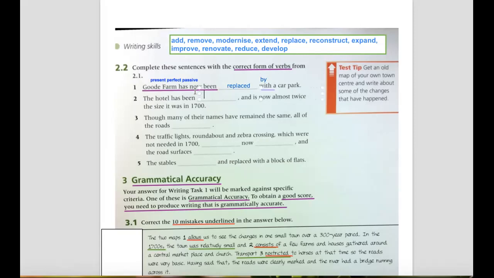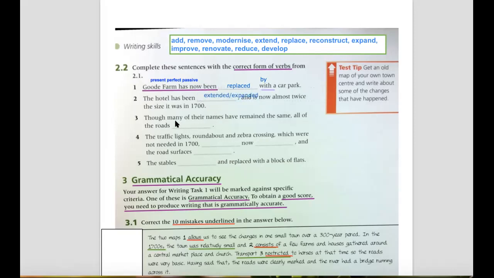The hotel has been, so it says it's twice its size, so it's been made bigger. So either we use extend. Okay, remember we need to use verb 3 because it's present perfect passive. So either we can use extended or expanded.